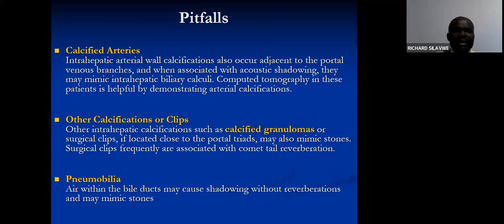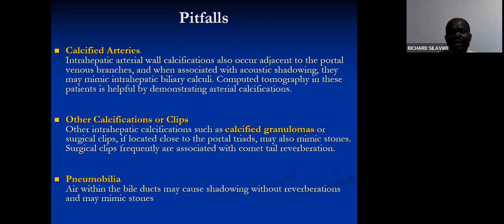Calcified arteries: intrahepatic arterial wall calcification also occurs adjacent to the portovenous branches, and when associated with acoustic shadowing, they may mimic intrahepatic biliary calculi. Computed tomography in this patient is helpful by demonstrating arterial calcification.